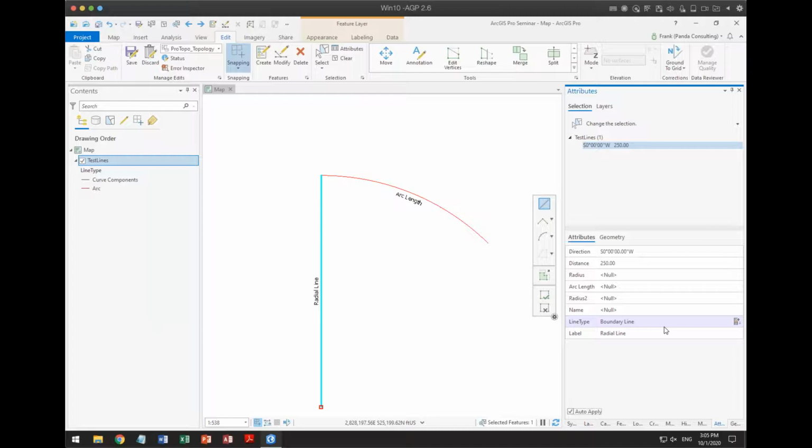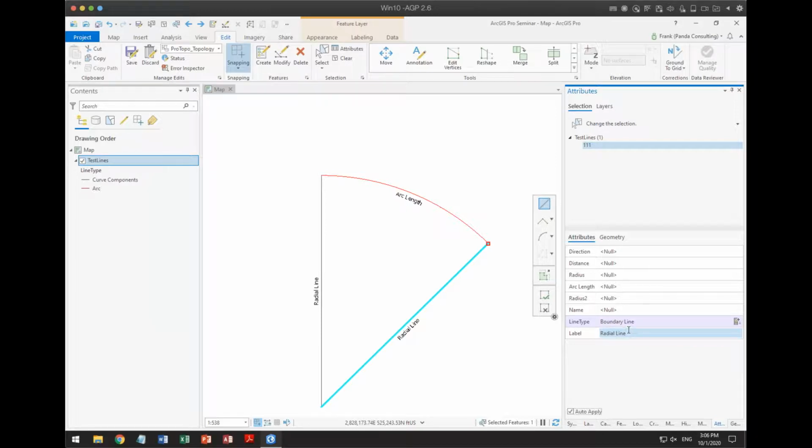That curve was set as 100 or 250 feet away from a point. That point is called the radius point. And if I go from that radius point up to here, this is again the radial line for that curve.